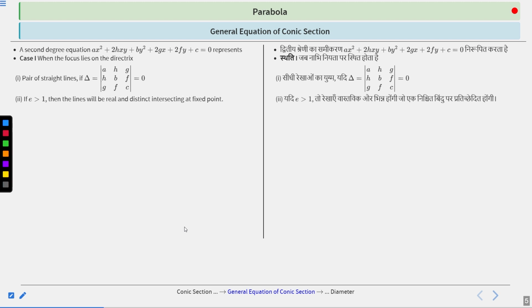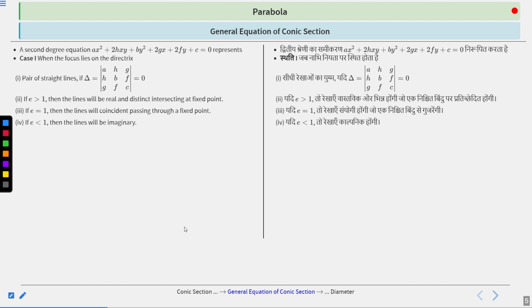Clear? Next, if E is greater than 1, then the lines will be real and distinct, intersecting at a fixed point, right? If E is equal to 1, then the lines will coincide, passing through a fixed point. If E is less than 1, then the lines will be imaginary.